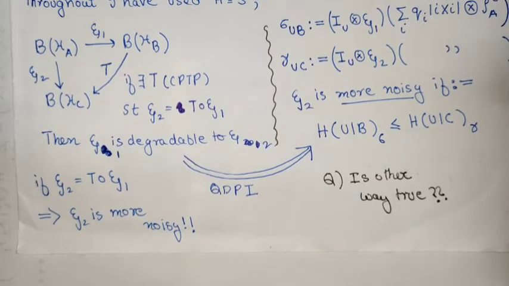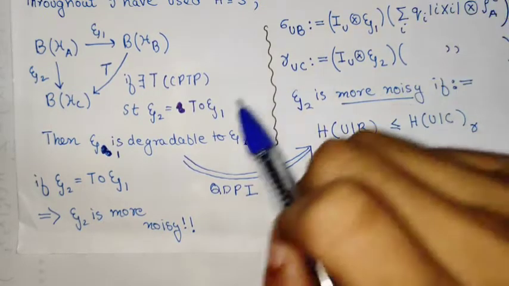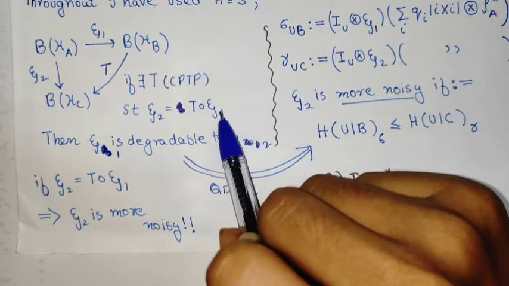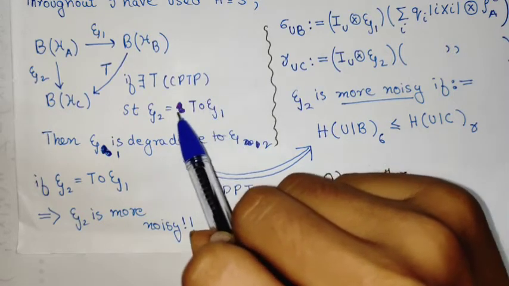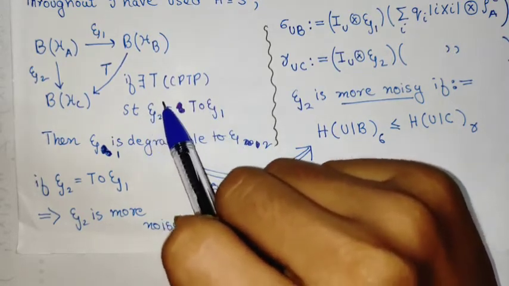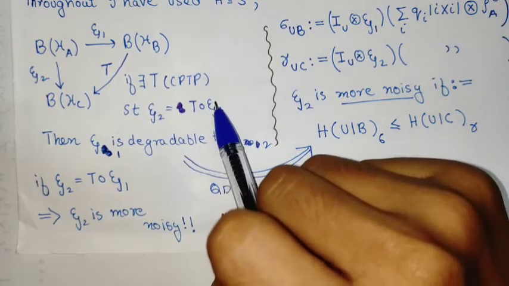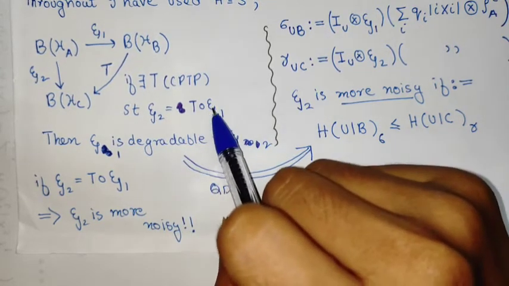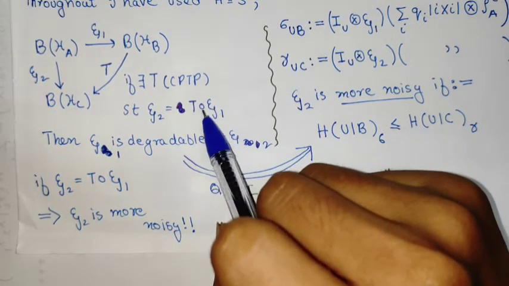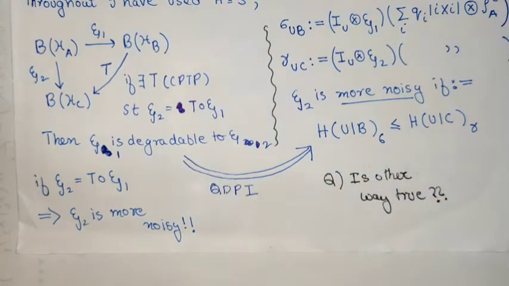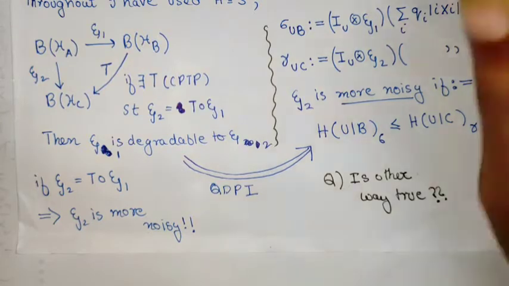Intuitively we can say that initially we had one channel epsilon 1, and epsilon 2 must be much noisier than epsilon 1, because you are processing your data twice, by epsilon 1 as well as this CPTP map, and that is indeed correct.